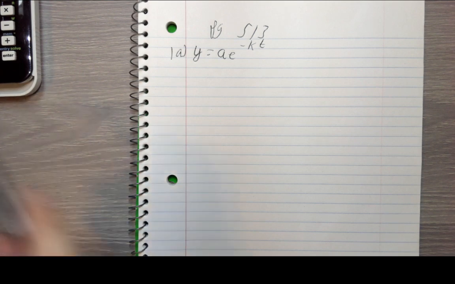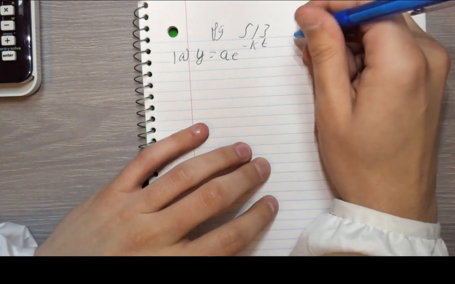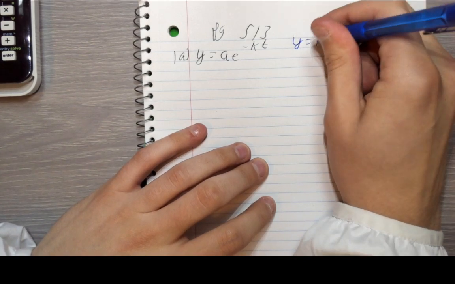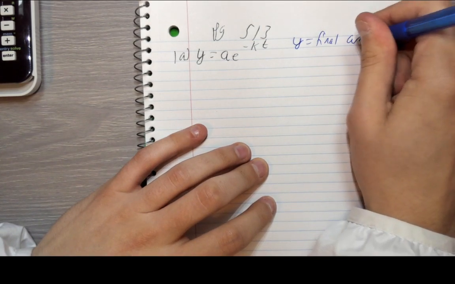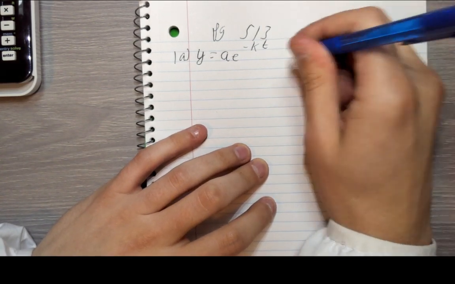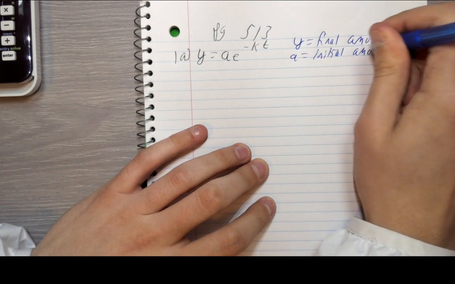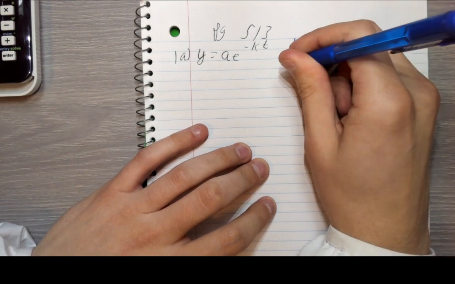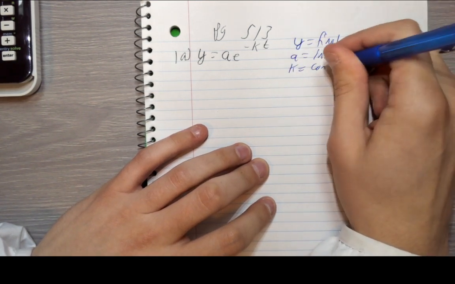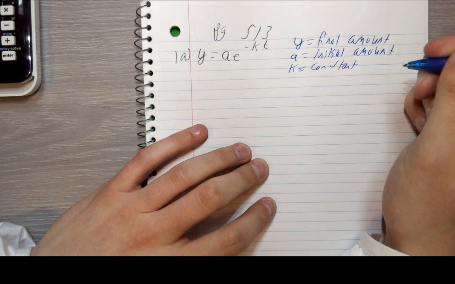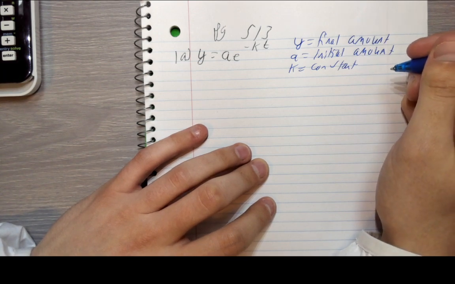What this is, is just an exponential decay formula. As a reminder, y equals the final amount. A equals the initial amount. k equals a constant, meaning it's just a number, dependent on whatever the situation is.